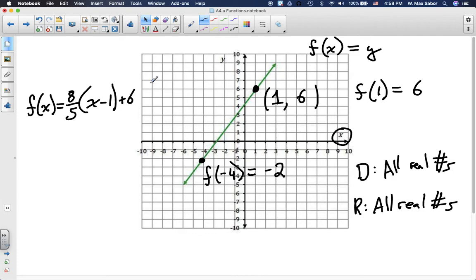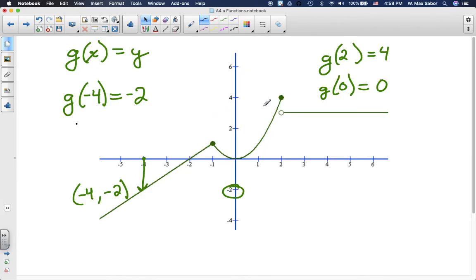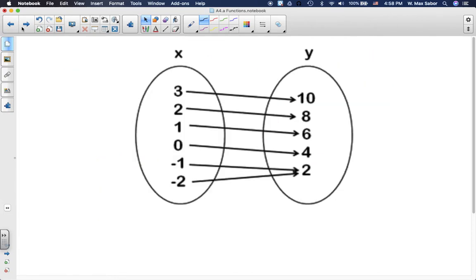That would be a rule to describe this function. However, it would take a lot more work to write out a single algebraic rule that would describe this function. They are both functions, though.